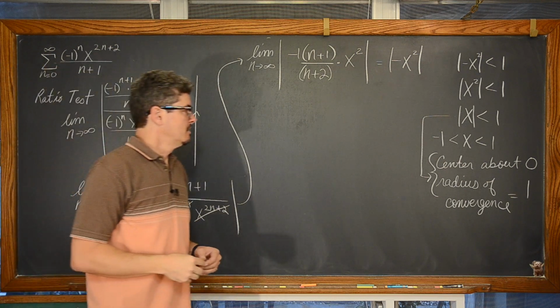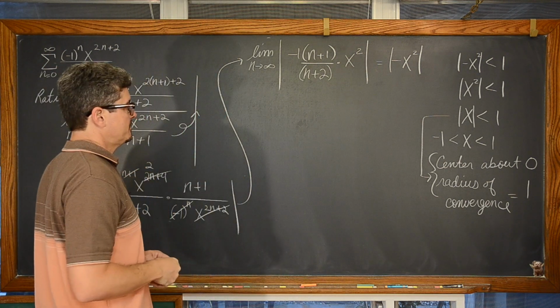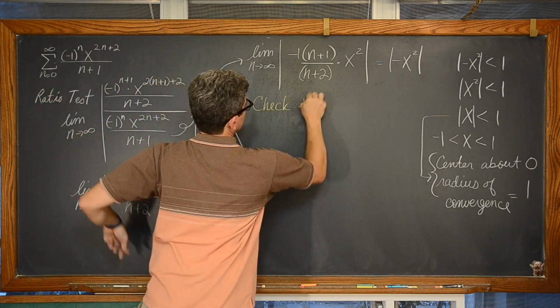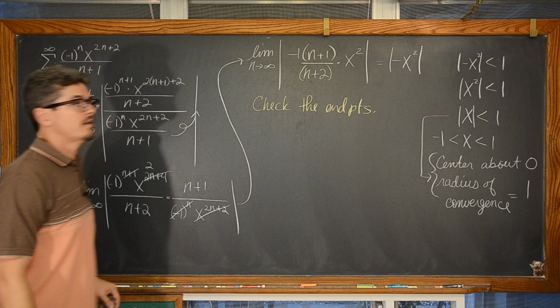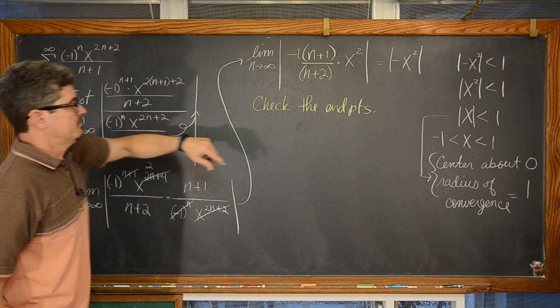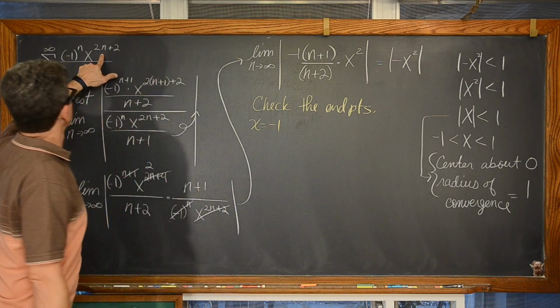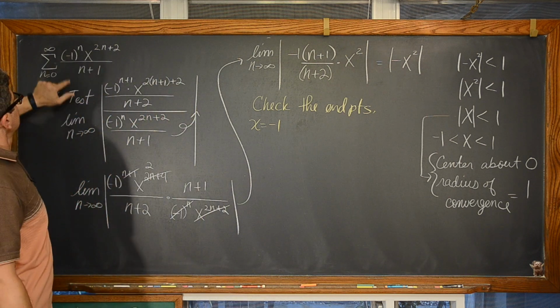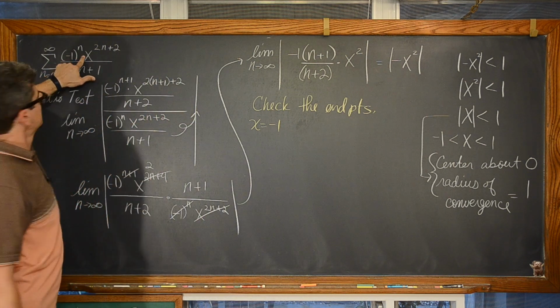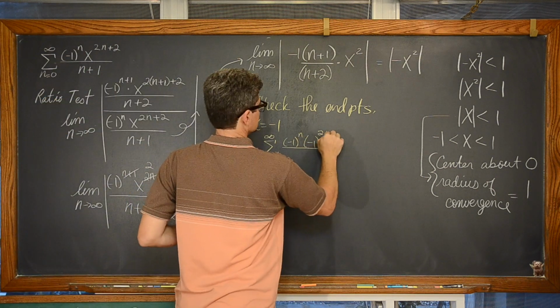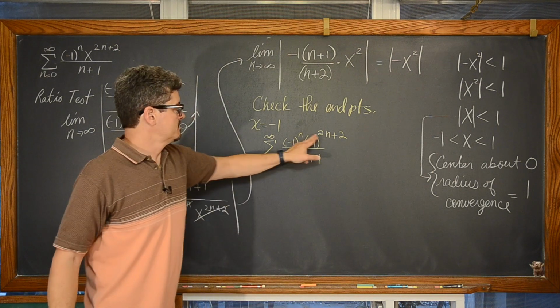Now here's where I'm going to honestly just cheat a little bit. If you check the endpoints to find your final interval of convergence, if you plug x equals negative 1 in here, you're going to have negative 1 to the 2n plus 2.